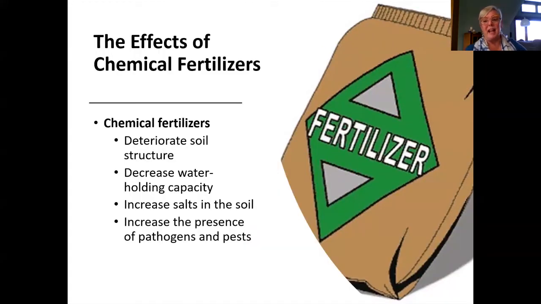They deteriorate as those organisms decline. You're deteriorating your soil structure, decreasing your water holding capacity. And the last thing you want to be doing is increasing the salts in your soil, because that makes all those things less available to your plants as well. And chances are you will increase the presence of all the pathogens and pests that you don't want.